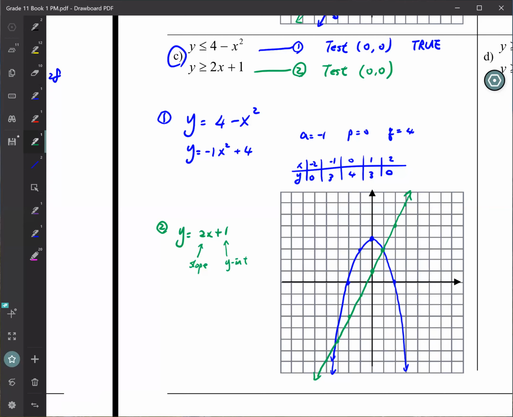Very good, so false. So let's look at the graph now. For the blue one, 0, 0 is true, so it should be inside. I make an arrow like that so I remember it's inside. For the green one it is false. So that means the side that doesn't have 0, 0 should be the true one, so it should be this side.